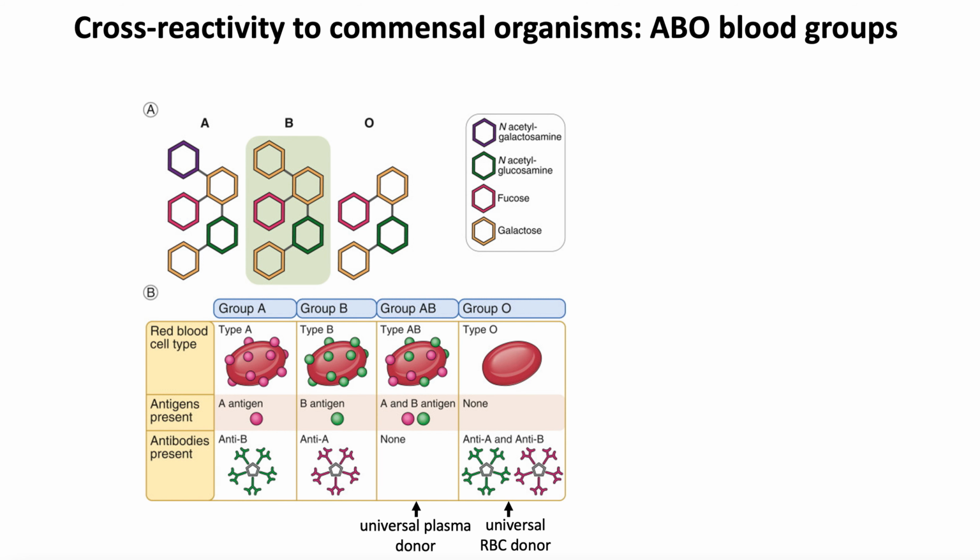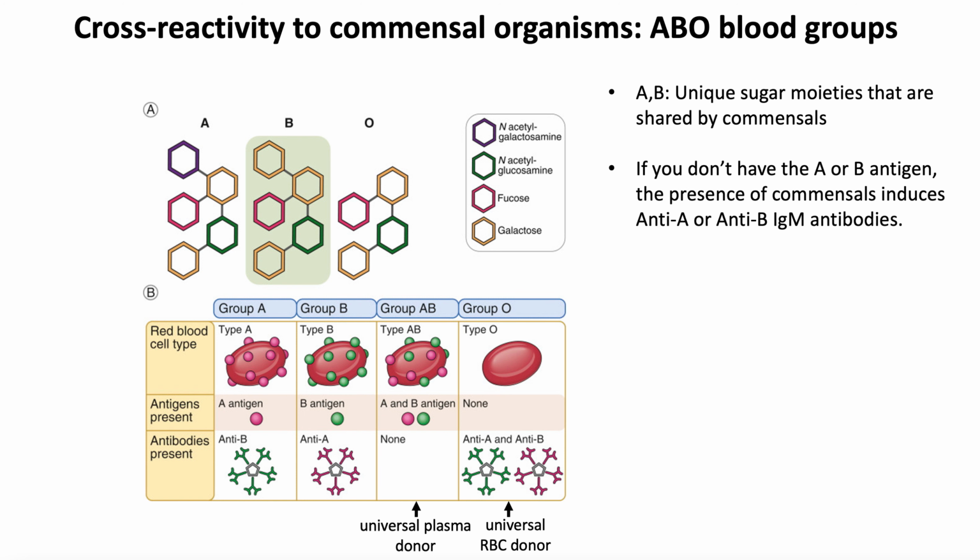So just as an example, this is how cross-reactivity to commensal organisms can lead to transfusion reactions. And this is the example of the ABO blood groups. A and B are unique sugar patterns that are shared with commensals. But if you don't have A or B antigens, the presence of those commensals will lead to you forming antibodies, anti-A or anti-B IgM antibodies.